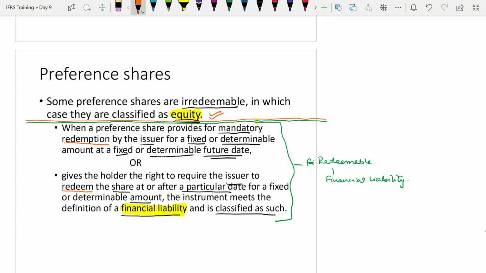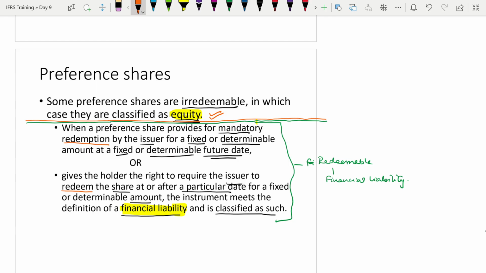I did understand this, but we have not seen this in our experience as a practical example. Others, yes, we have seen somewhere, but this one is totally pure academic. Preference shares are the rarest of the rare cases.